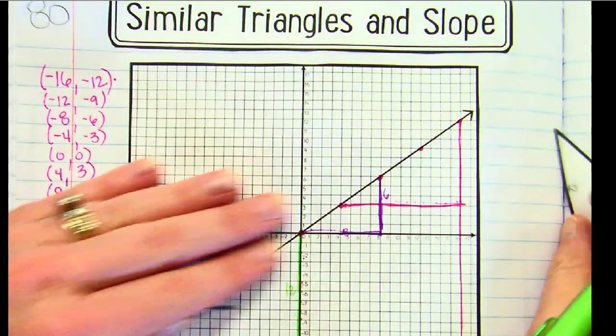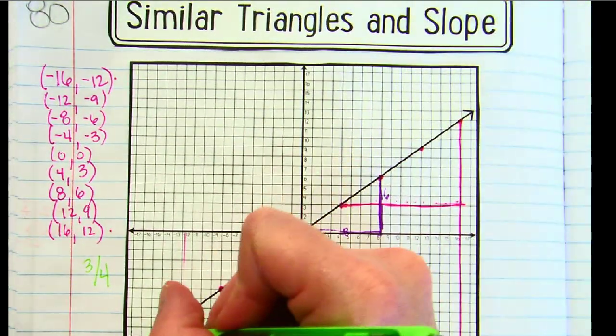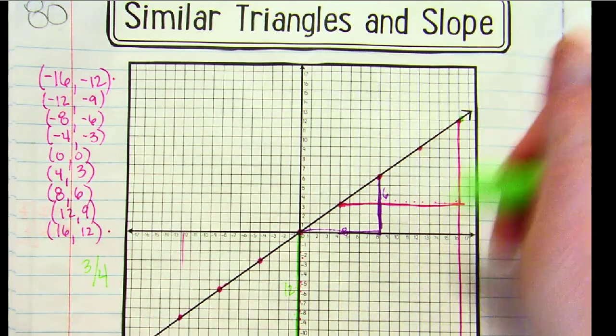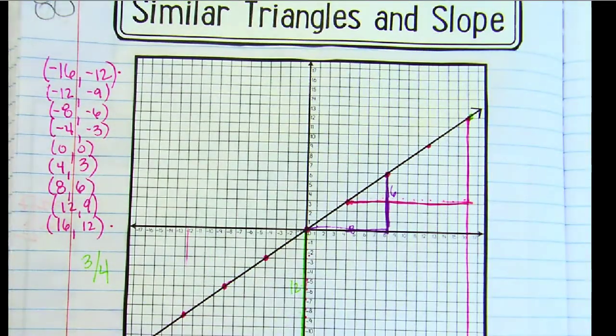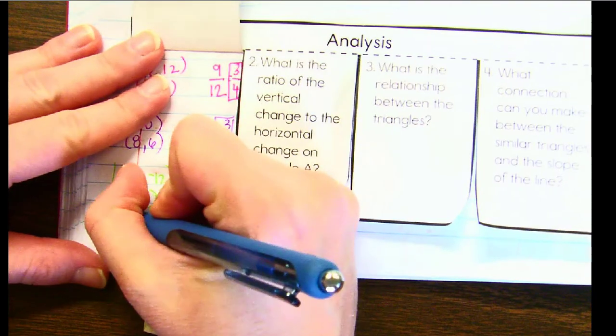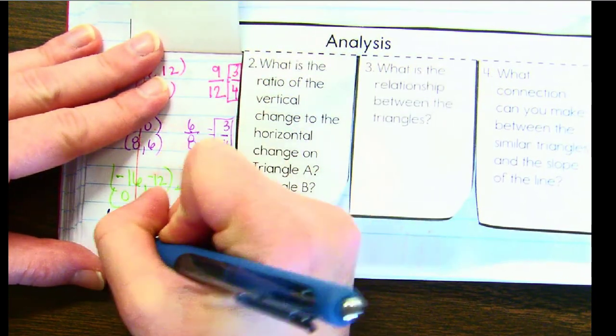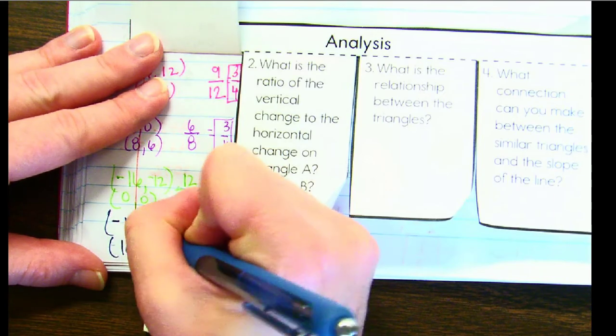Okay, so I want to prove it again, to go from this point to this point with this big monster triangle. To go from negative 16, negative 12, so I don't have a triangle that they gave me here, to positive 16, positive 12.